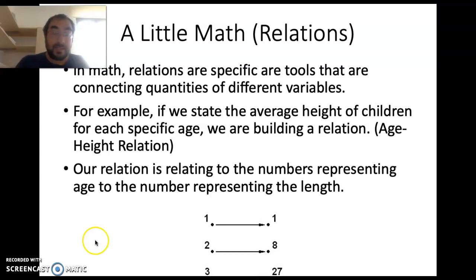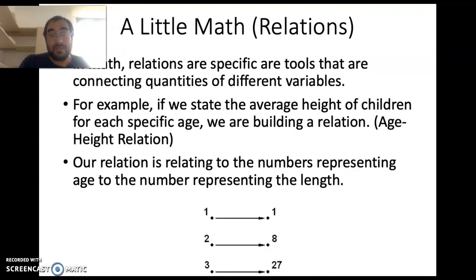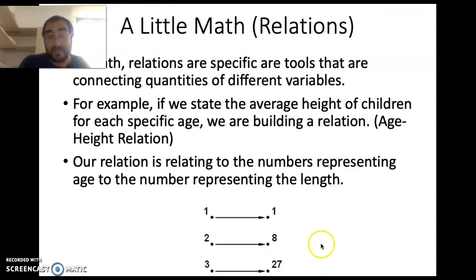So you connect 1 in one plane to 1 in another plane. The relation connects 2 with 8 in the second plane, and 3 is connected with 27.